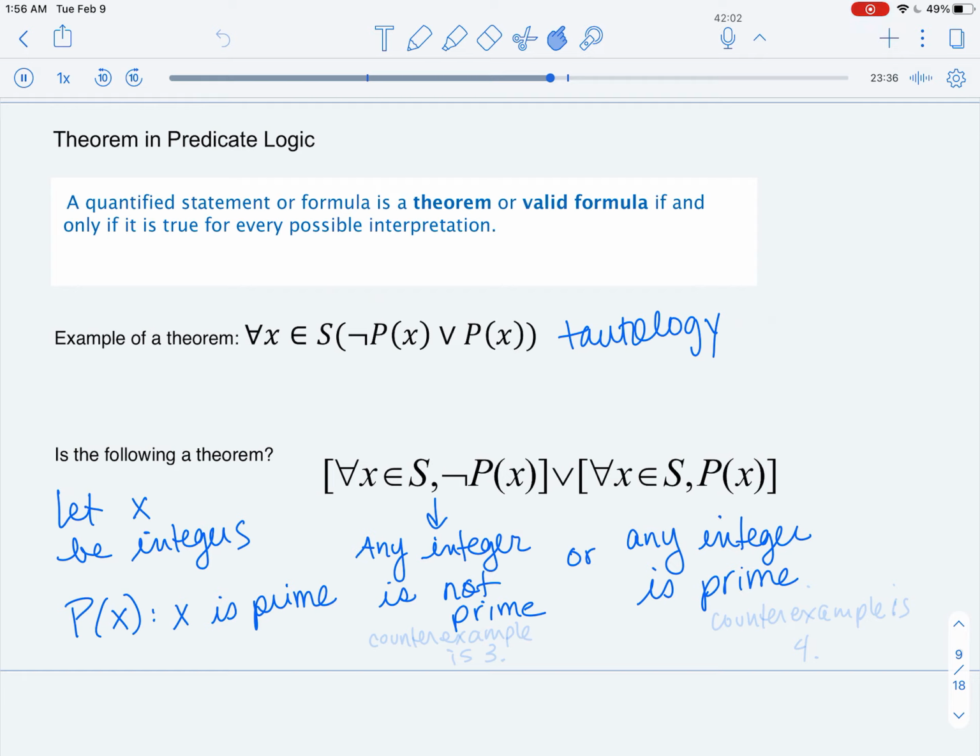Both of those statements are actually false. And when we take the disjunction of two false statements, the statement is false, the or is false.